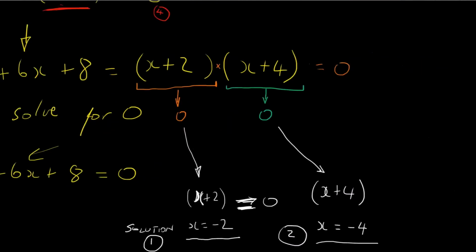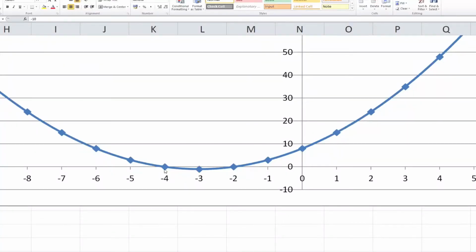It was -2 and -4. Do you understand? So we were solving this equation for when y is equal to 0. So when y equals 0, it crosses the axes at -2 and -4.